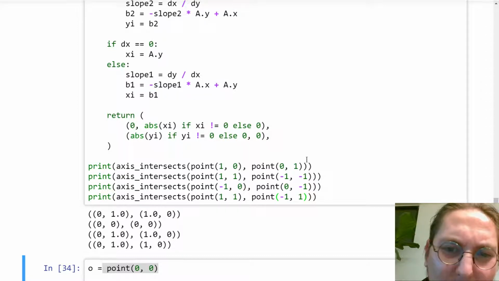But we're not crossing the... We don't have an x-intersect in this case.